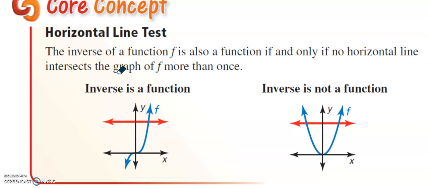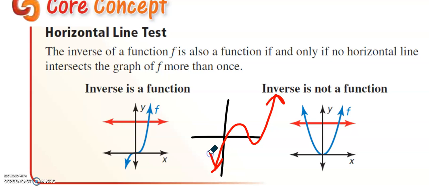So for instance, if I had a function that was like this, well, if I draw a horizontal line right here, it only crosses once. But if I take that horizontal line and I move it down here, well, now it crosses 3 times, right? Or here, it crosses 3 times. So if it fails at any location, then the inverse will not be a function.